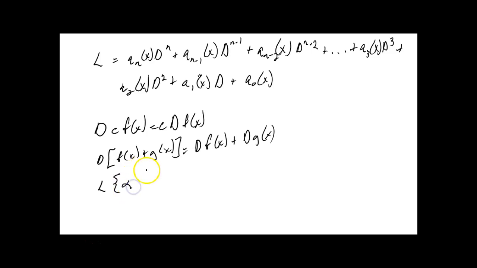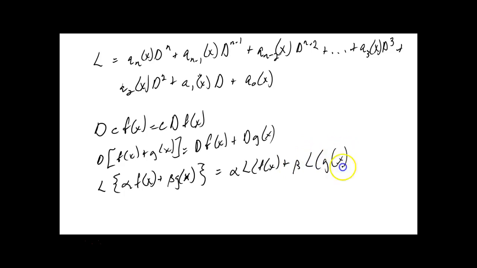The linear operator of alpha f of x plus beta g of x is basically combining those two operations together. This is alpha L of f of x plus beta L of g of x.